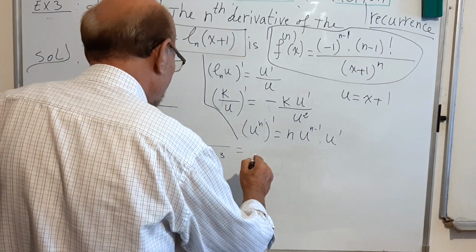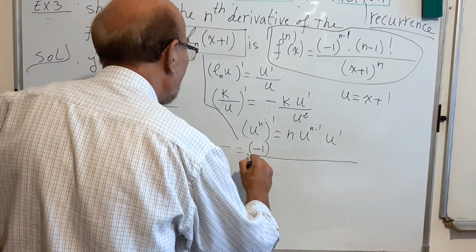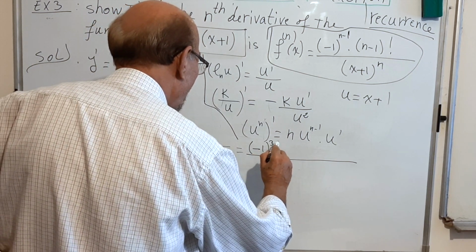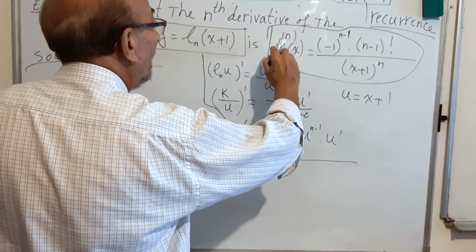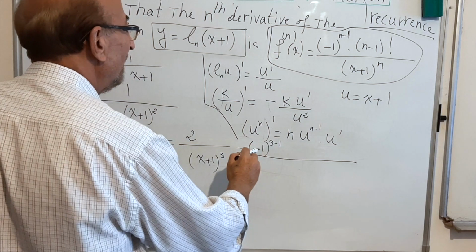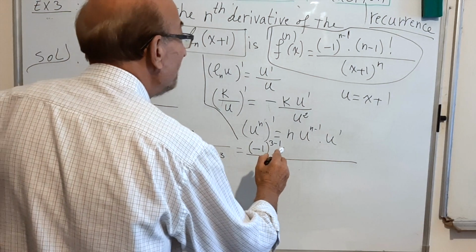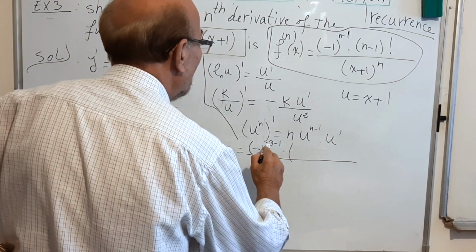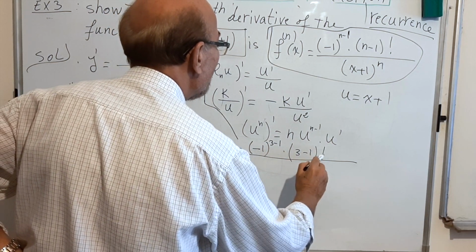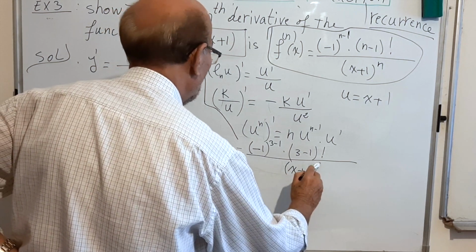We can write minus 1 power 3 minus 1, the order minus 1, the order here is 3, so minus 1 power 2 is 1, times n minus 1, 3 minus 1 factorial, over x plus 1 to the power 3.